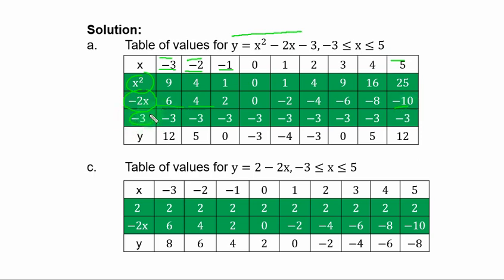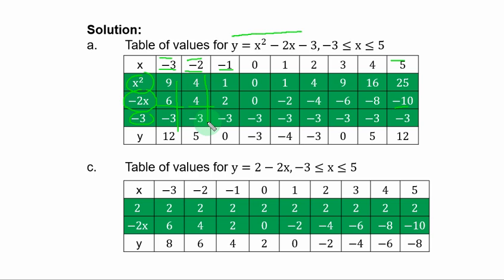Minus 3 is a constant, and as such, you write it under each value of s, as you can see. To get the y value, you need to add down. 9 plus 6, 15. Minus 3, you have 12. 4 plus 4, 8. Minus 3, you have 5, and so on.